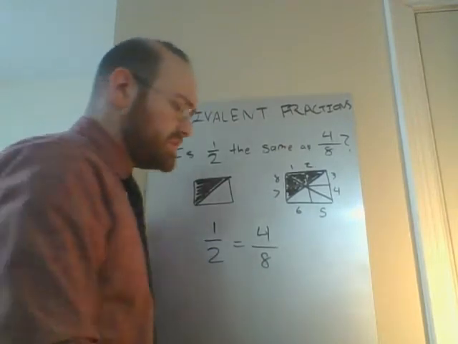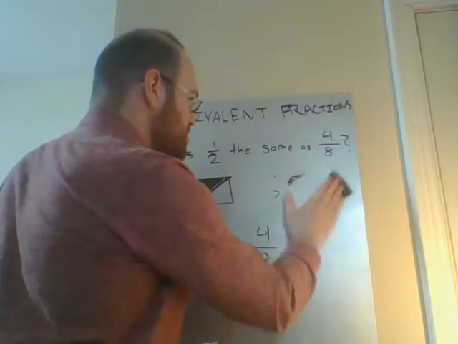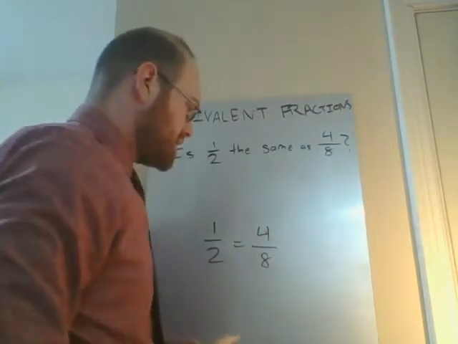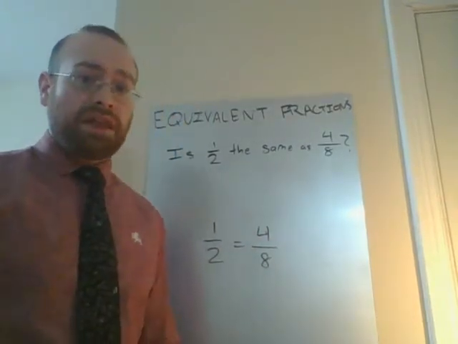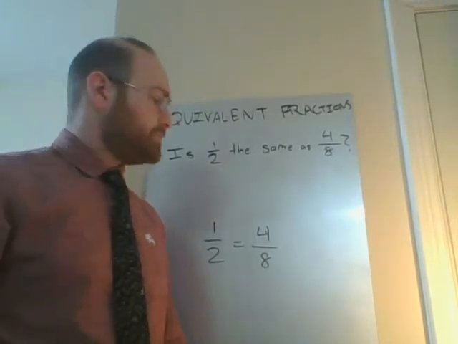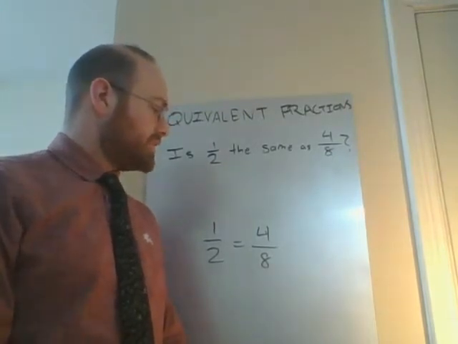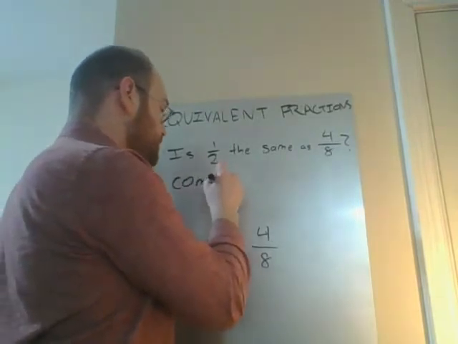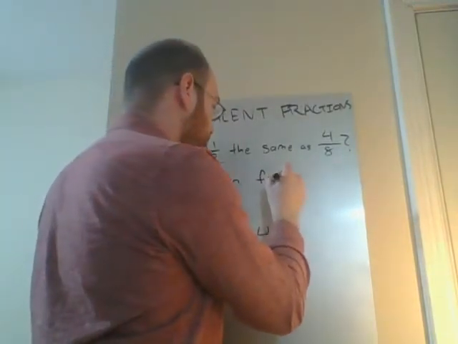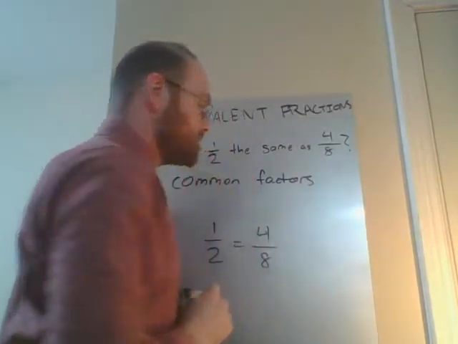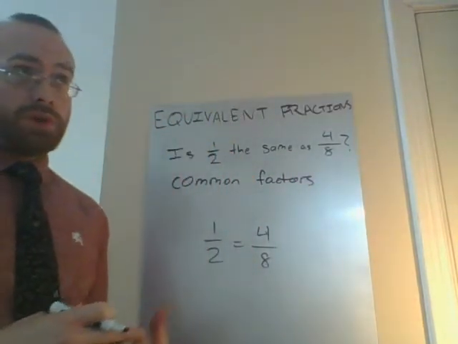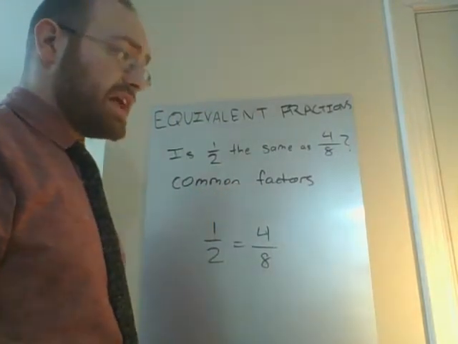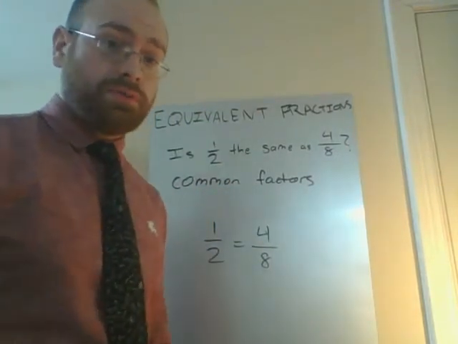But suppose we don't want to draw pictures every time we're asked a question. How can we figure this out mathematically, algebraically? And it all has to come down to common factors. And we learned before that common factors are numbers that can divide other numbers.